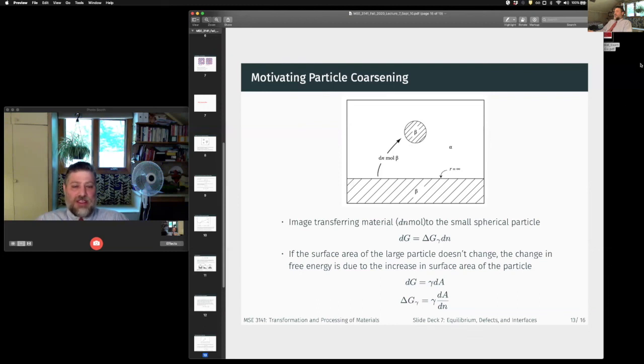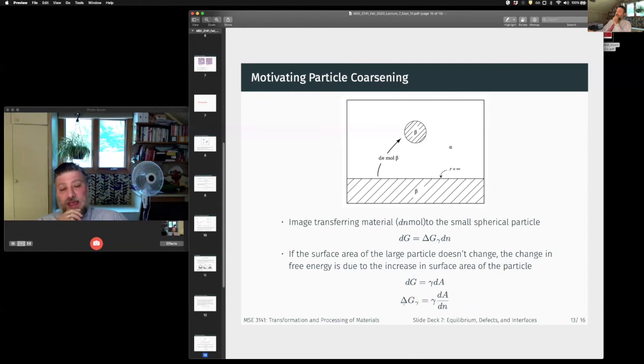And we already said that the Gibbs free energy change is going to be related to the change of the surface area, right? If this is a really, really big precipitate, the change in surface area here is essentially negligible compared to the change in surface energy of our little particle, right?